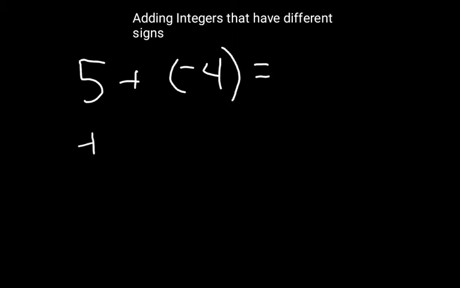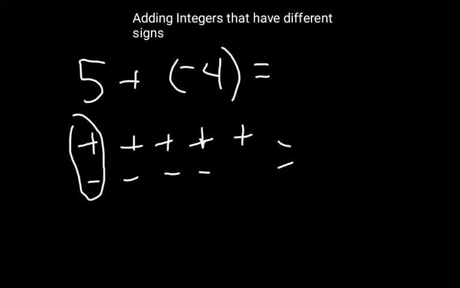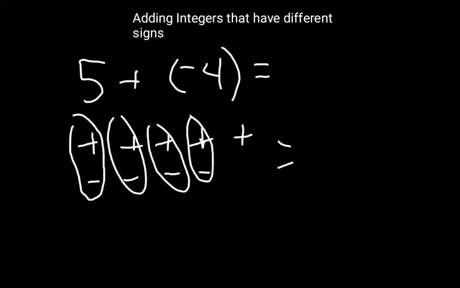So positive 5 would be represented with 5 positive symbols and negative 4 with 4 negative symbols. Then you get these opposites, like that's a 0 pair, 1 positive and 1 negative. Another 0 pair, so that's 0, 0, another 0, another 0. And then you have this one that doesn't have a partner. It's 1 positive, so that's what's left over. So the answer is 1.